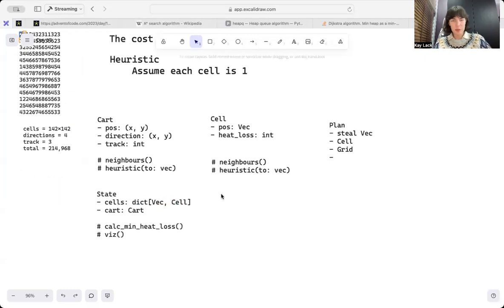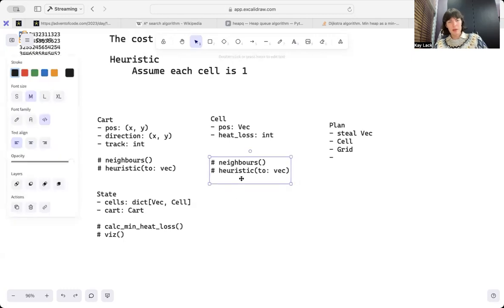Let's go with cell, just in case we need to have him here later. And then we've got our last line and our calculate.